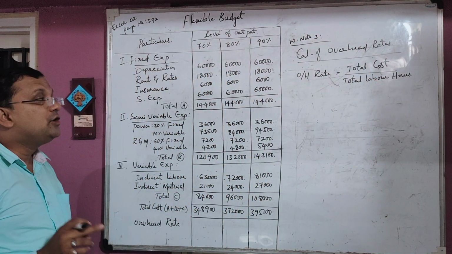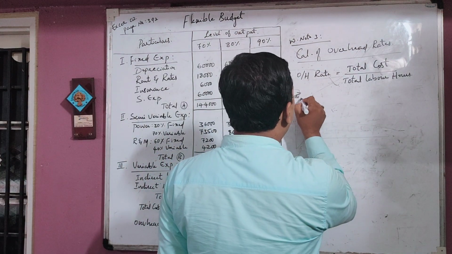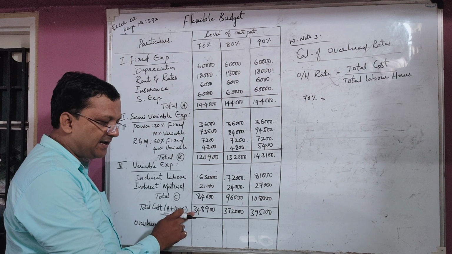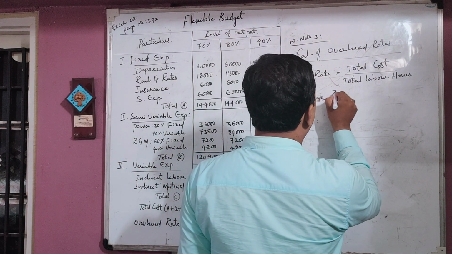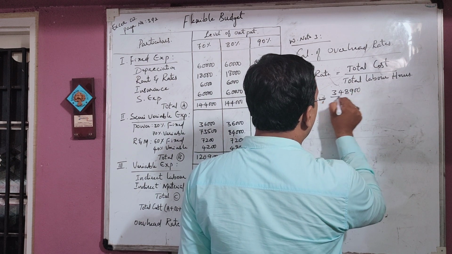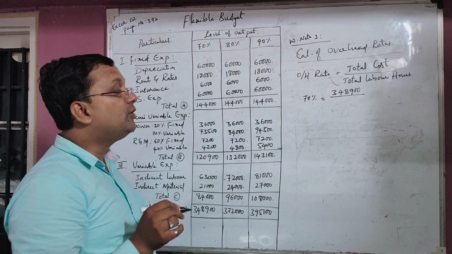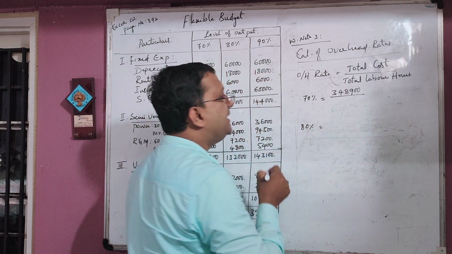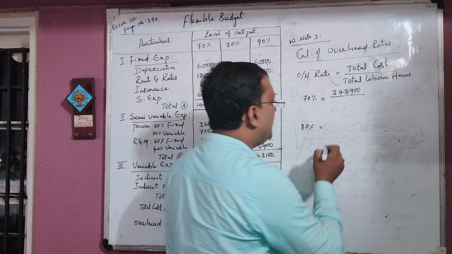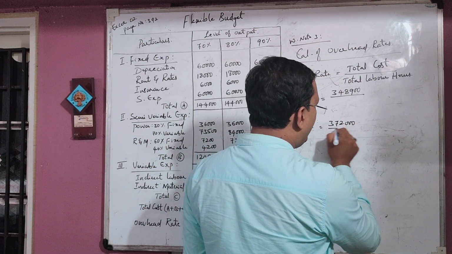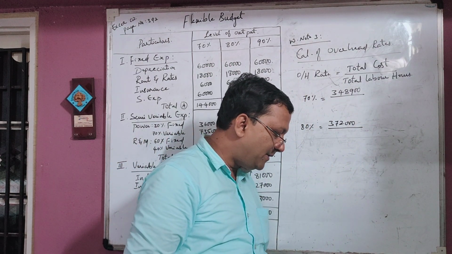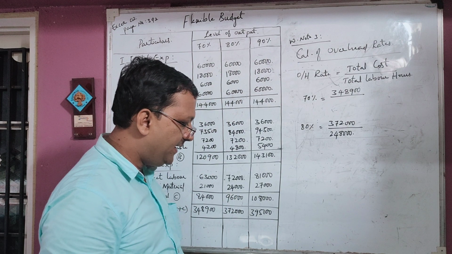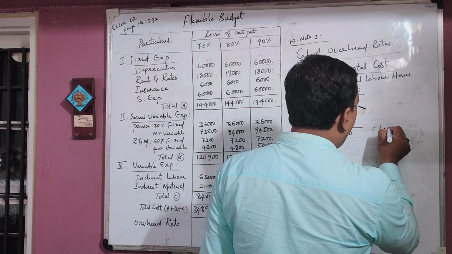For 80%, total cost 3,72,000 divided by 2,48,000 comes to rupees 1.5.